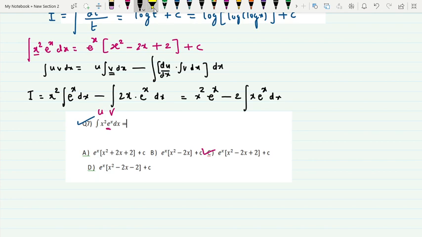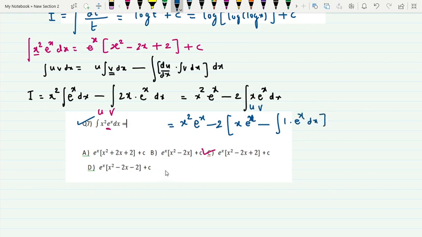Again we integrate it by parts, taking this as u and this as v. So this will be x square e raised to power x minus 2 times [u as it is, x, times integral of v dx, that is e raised to power x], minus integration of derivative of u, that is 1, times integral of v, e raised to power x dx.